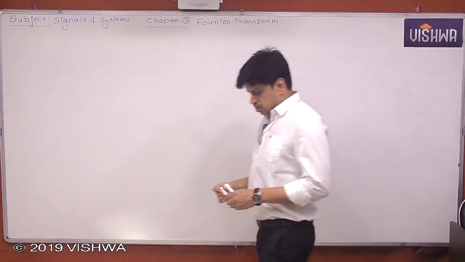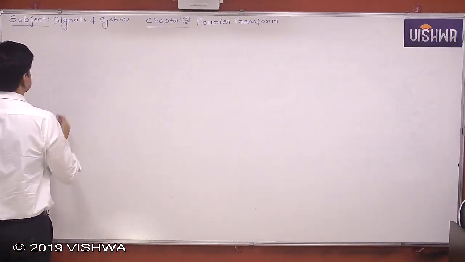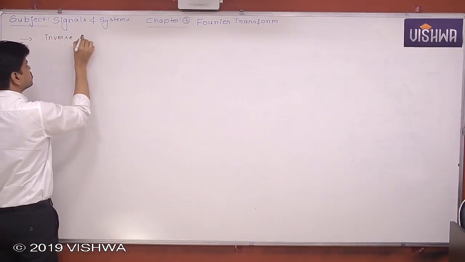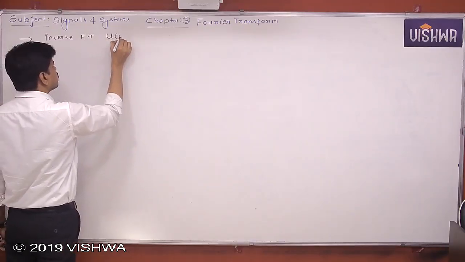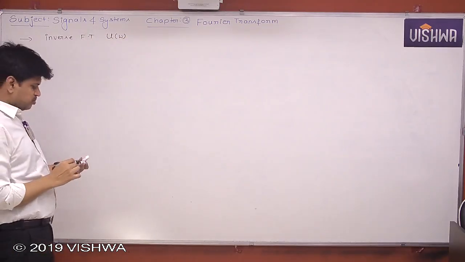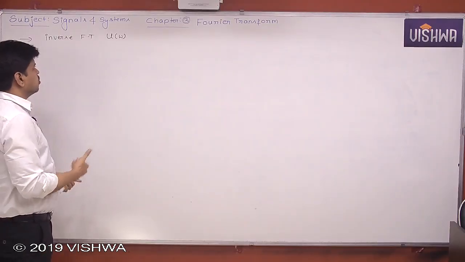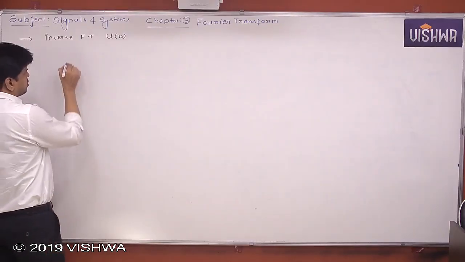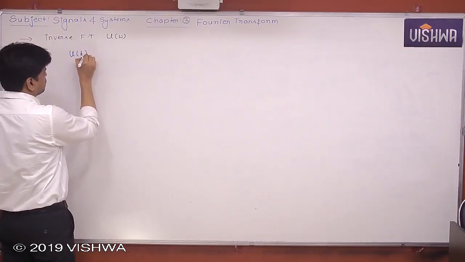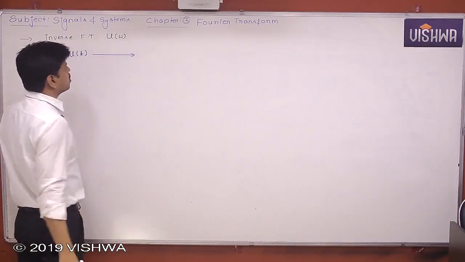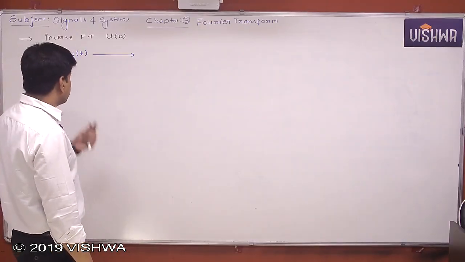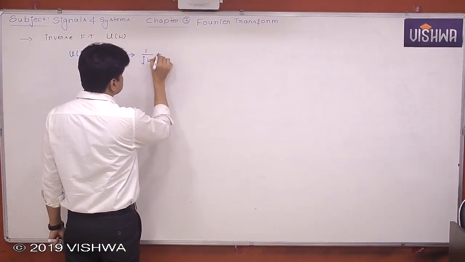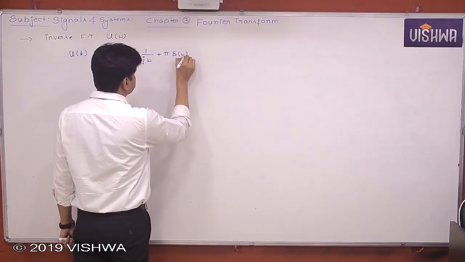Take it. If I ask what is the inverse Fourier transform of u of omega, for this we have to calculate the inverse Fourier transform, but it is not u of t. So let's apply duality. Let's take the dual of u of t. For u of t, what we got is 1 by j omega plus pi delta omega.